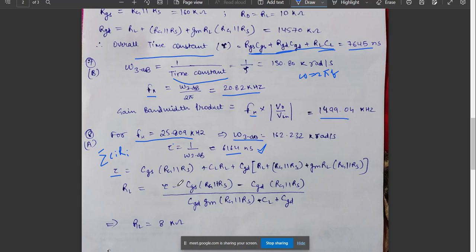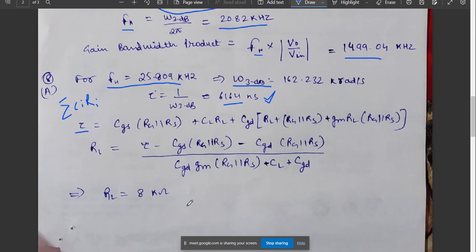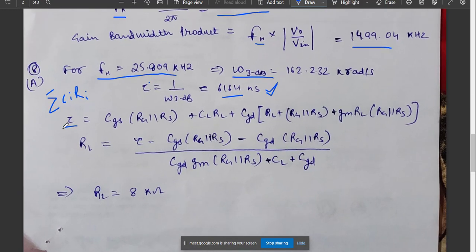Now RL will be, from here it is simple arithmetic. You convert it into the RL equation. Now tau is given in terms of RL and all the other values are given to you. So you will put it in and something like this will be the equation, and then RL will be 8 kilo ohms. Okay, any doubt here?